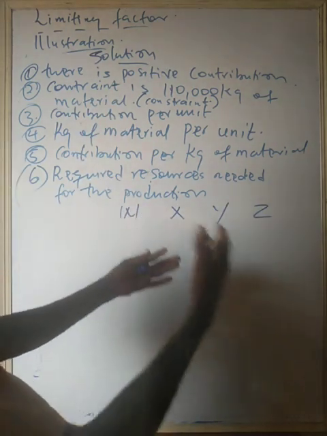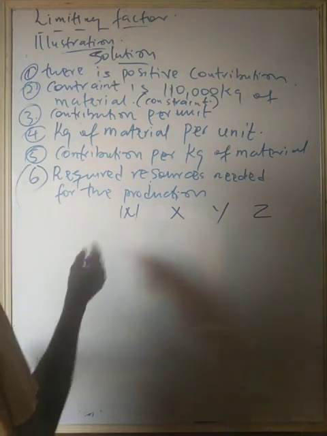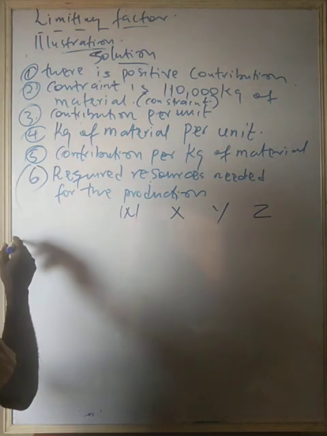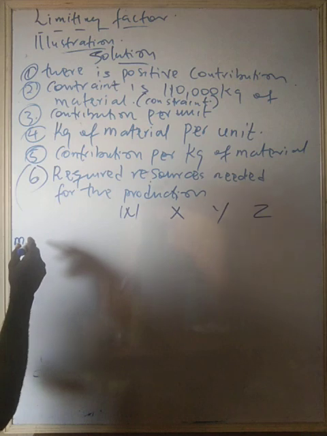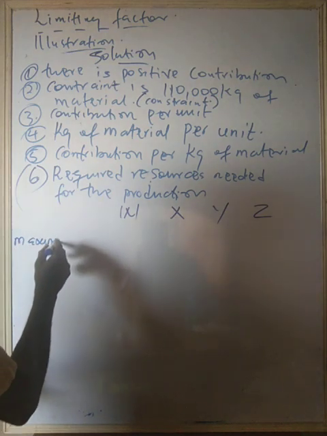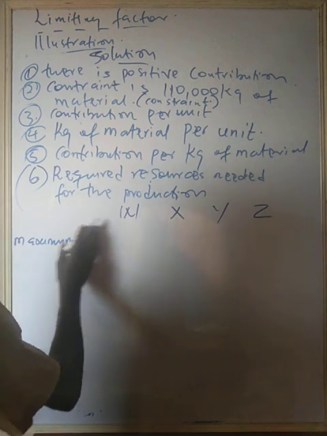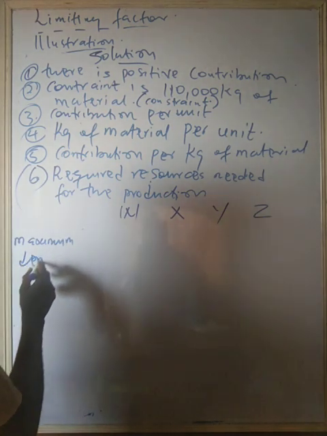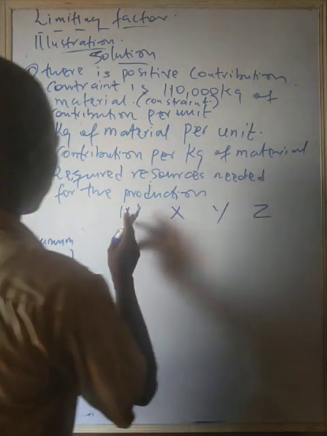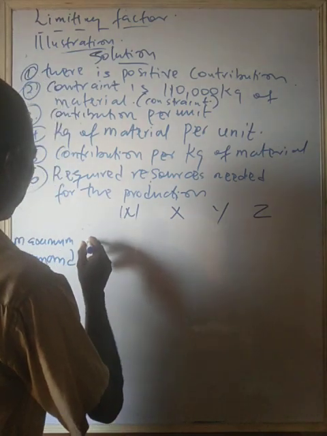Maximum demand is 5,000. That means the maximum demand for W is 5,000.